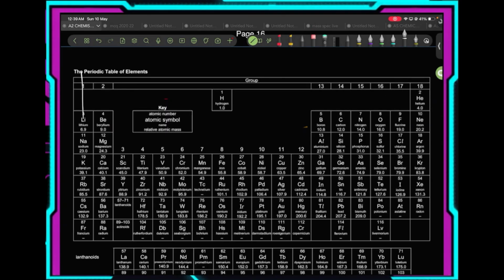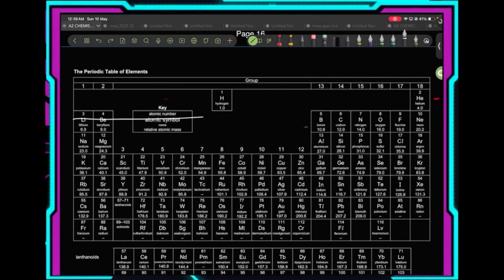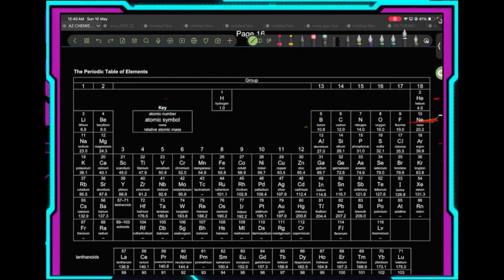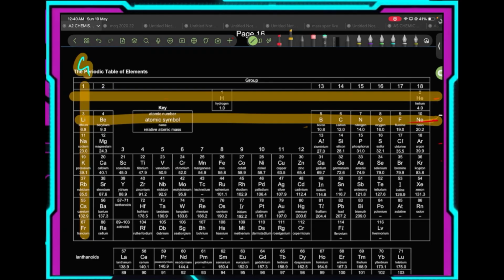There are about 18 vertical columns, and there are these horizontal rows right here. These vertical columns are known as your groups, and the horizontal rows, starting from hydrogen's horizontal row, we call them periods.